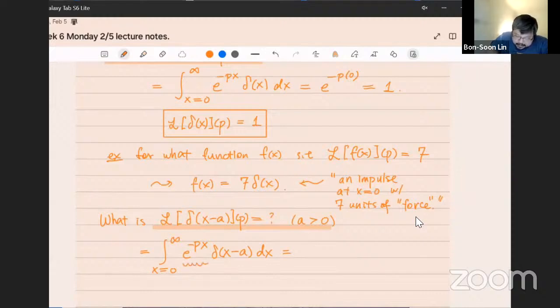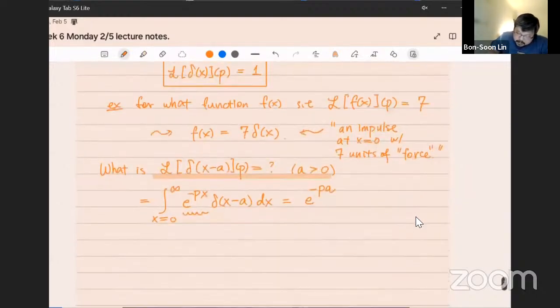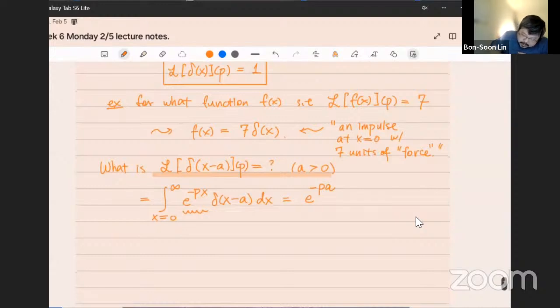Because a is positive, a is inside the interval 0 to infinity. So therefore, this is just substituting a into e to the minus px. So this is just e to the minus pa. That's the Laplace transform of delta of x minus a.